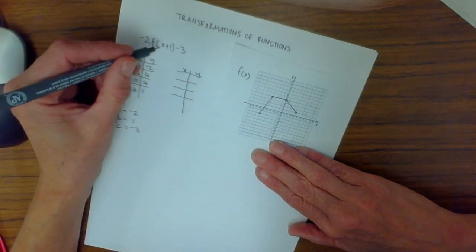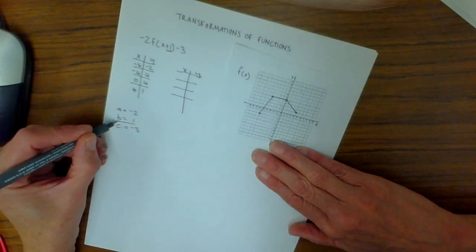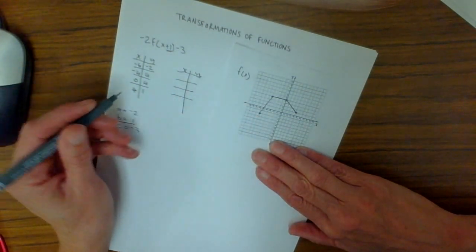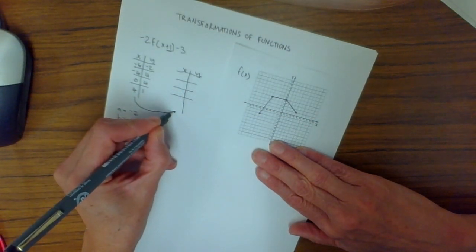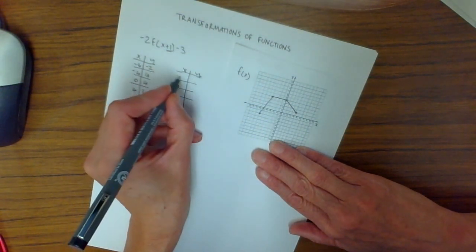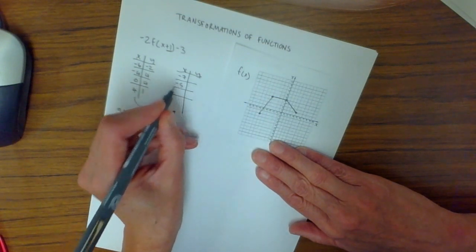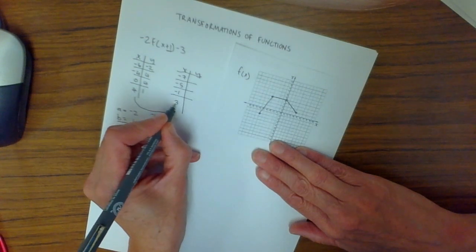Whatever is added to x, the b, causes my graph to move left b units. So what I do is I subtract b from all of my x coordinates. So that negative 6 becomes a negative 7, negative 4 becomes negative 5, 0 is negative 1, and 4 becomes 3.